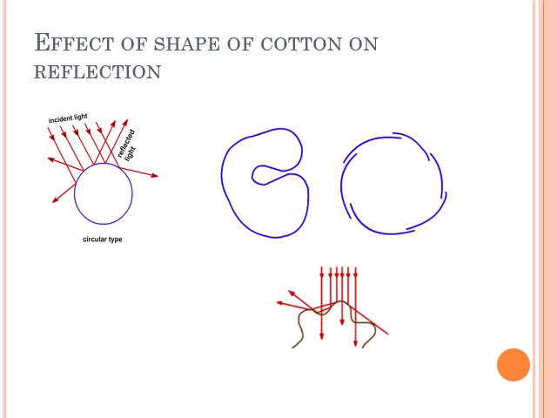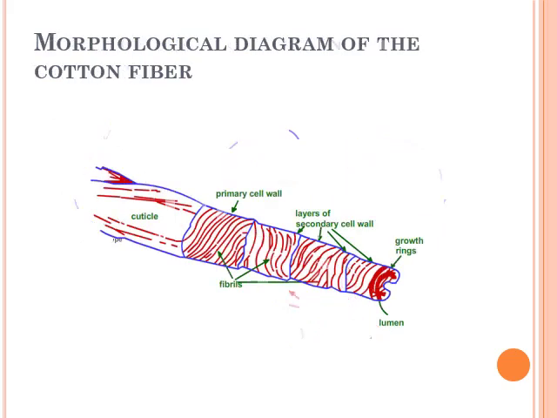The irregular shape results in uneven reflection of light, so the luster of the fiber will be very poor. Therefore, in pre-treatment of the fiber, the cross-section is made circular. Convolutions are also removed so that a more even surface may be given, with more luster.